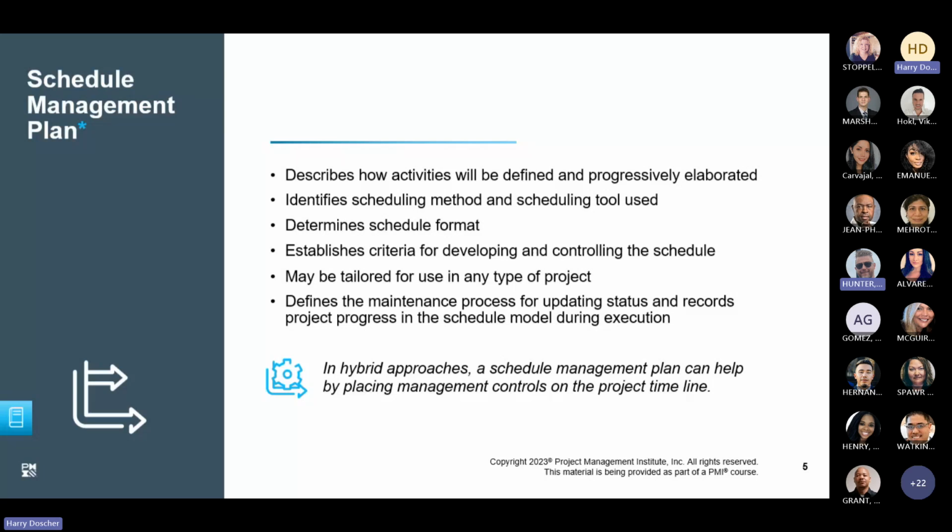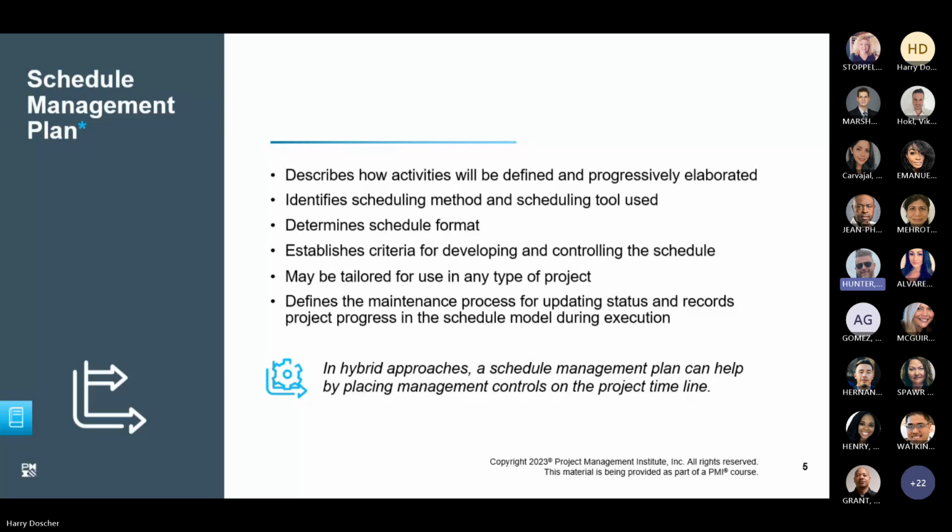It identifies some basic things like the scheduling method that's going to be used and scheduling tool, whether it's something as basic as Microsoft Project or something as complex as Primavera or other network-based tools. Schedule formats are also documented in the schedule management plan, and it establishes the criteria for developing and controlling the schedule.